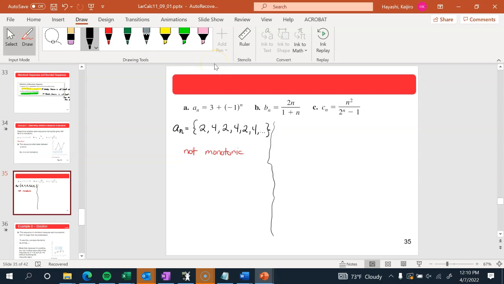The second one is probably monotonic. It should probably start off at 1 and tend towards 2.